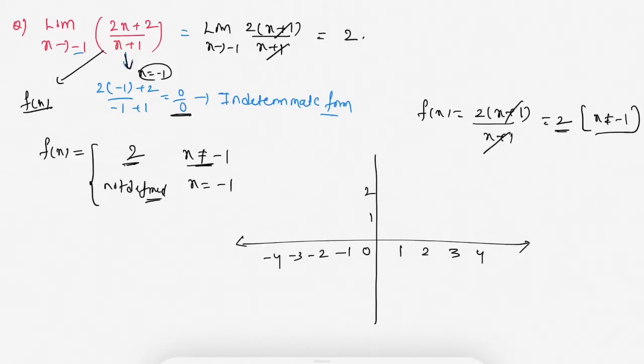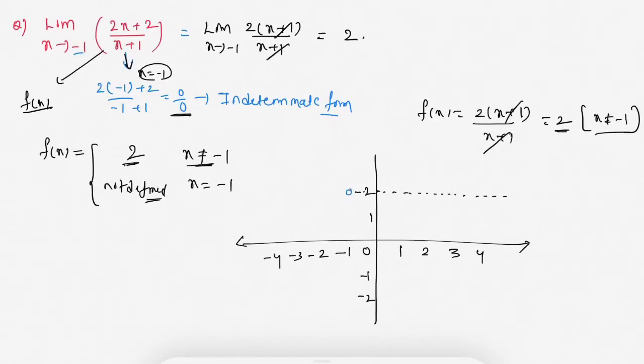For x equal to minus 1, it is not defined. For any value other than x equal to minus 1, it is 2. So everywhere it is 2 except x equal to minus 1.